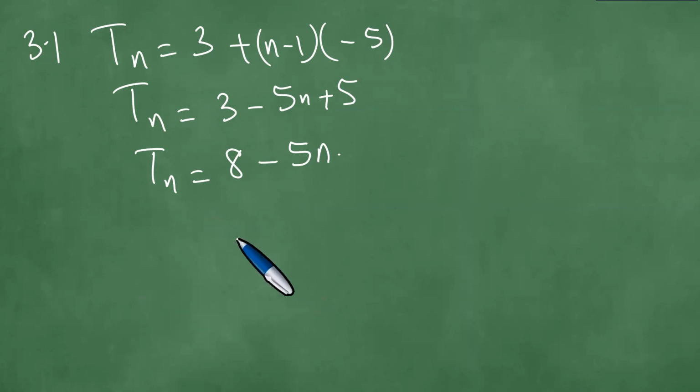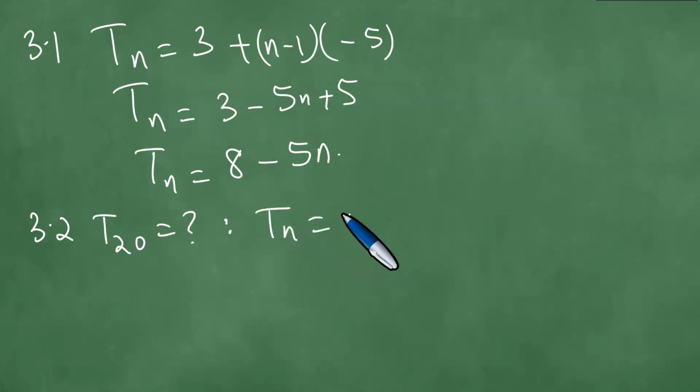Okay, so we're interested in the nth term. The nth term is this. In 3.2, we're interested in the 20th term. The question is, what is the 20th term? We know that Tn is 8 minus 5n. So what is T20?